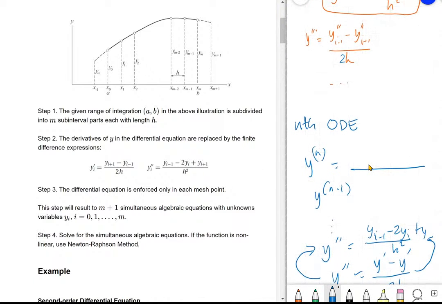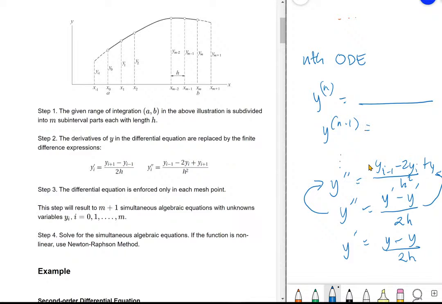So for the nth order you can have the same expression, like for example here y^(n-1) at i plus 1 minus y^(n-1) at i minus 1 divided by 2h. Then here you have y^(n-2) at i plus 1 minus y^(n-2) at i minus 1 divided by 2h.